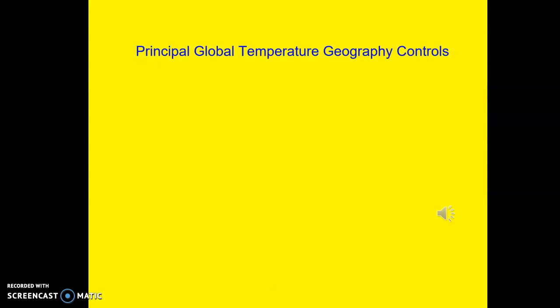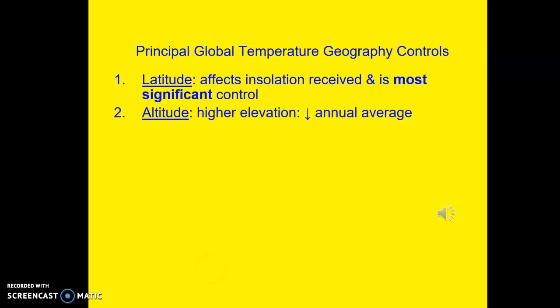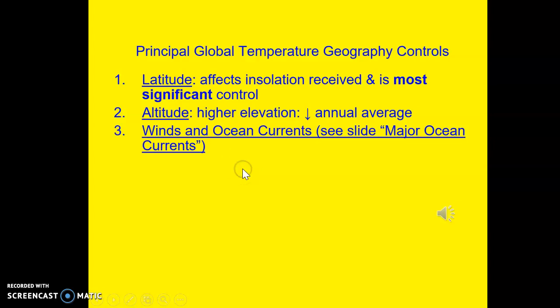So the next ones are, we've already done latitude, we did altitude, the basic relationship, the higher it is, the lower the annual average. Winds and ocean currents.